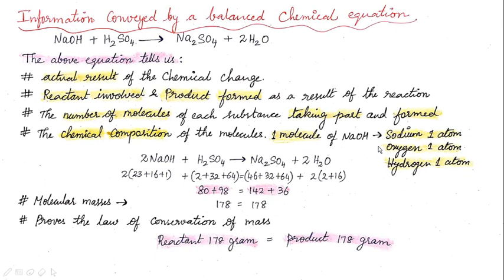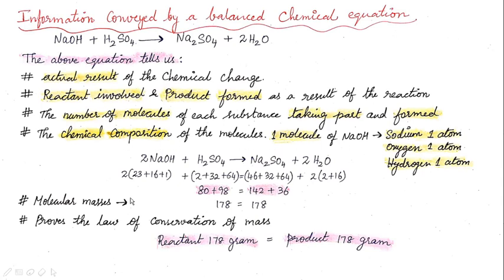Similarly, in the product sodium sulfate, 2 atoms of sodium, 1 atom of sulfur, 4 atoms of oxygen are present. And in the water molecule, 4 hydrogen atoms and 2 oxygen atoms are present. So the total chemical composition can be identified.